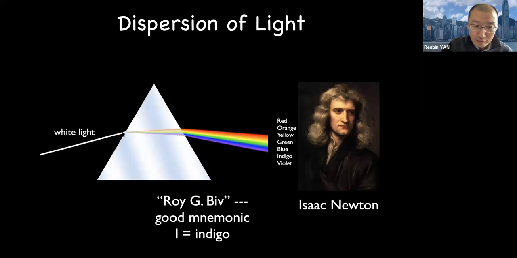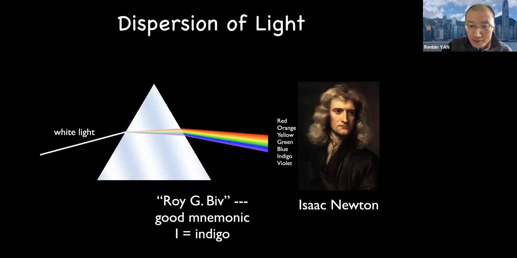In vacuum, they all travel at the same speed, but in glass, they start to differ by a tiny bit, and that is what causes them to get dispersed into a spectrum. When these different color lights get dispersed into a color sequence, we call it a spectrum.